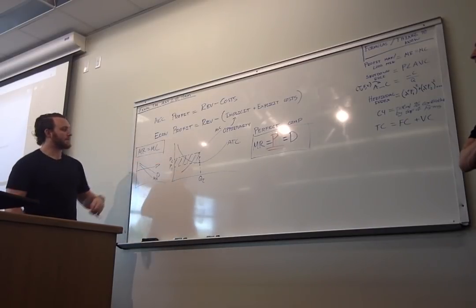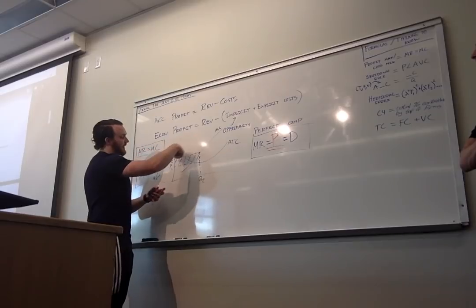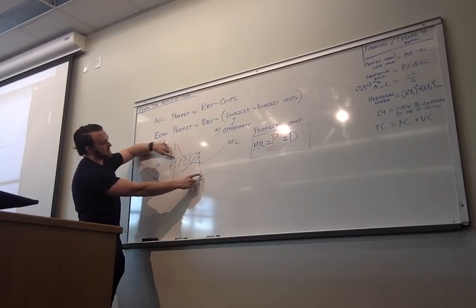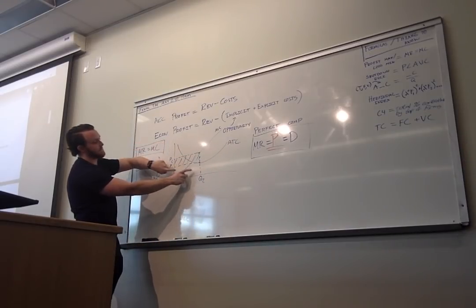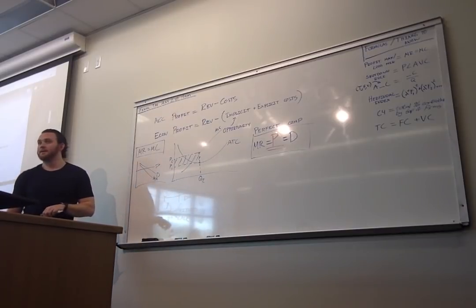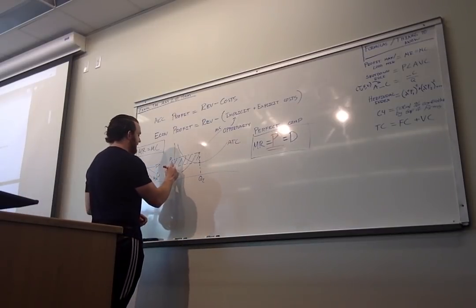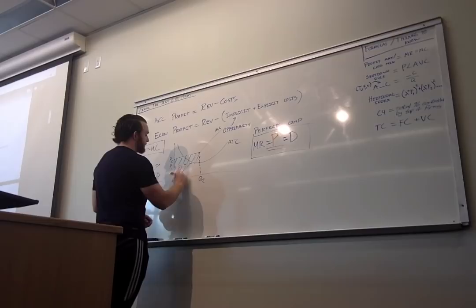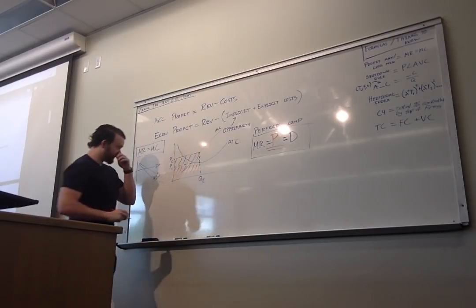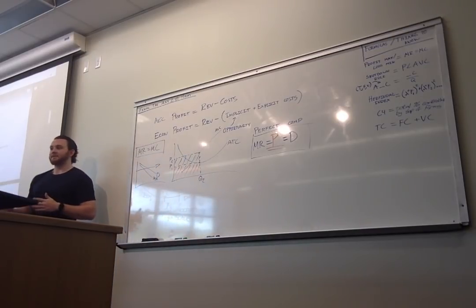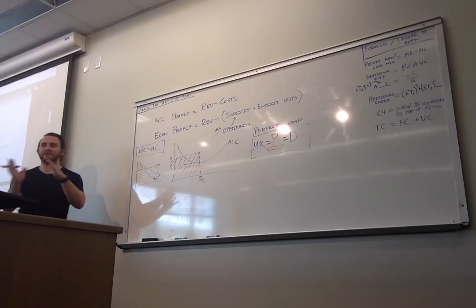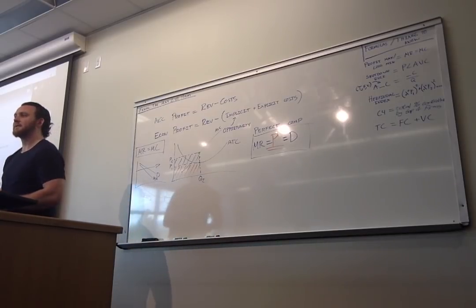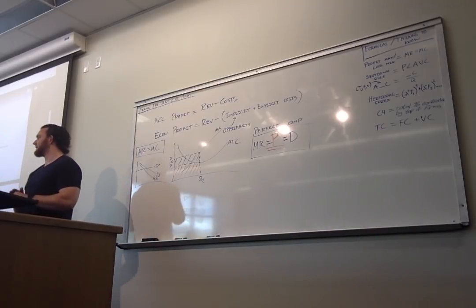If this whole square from here to here is our revenue, what would this square have to represent? Costs. Good job. So what you're going to be doing is finding the revenue square and then figuring out how much of this is profit and how much of this is cost. Does that help?